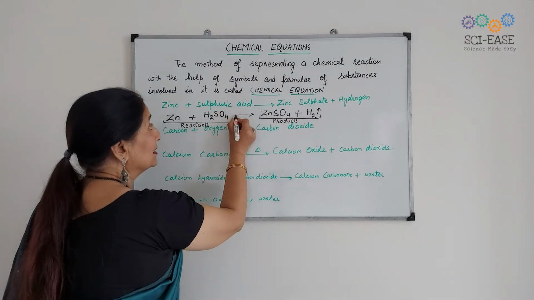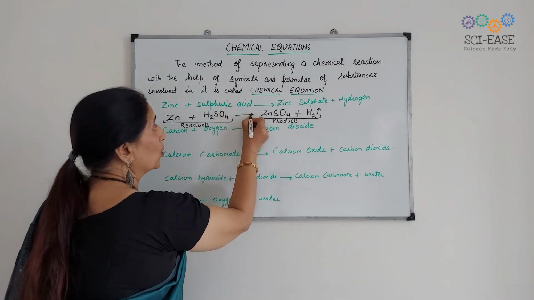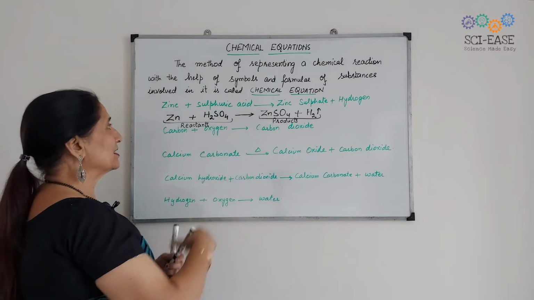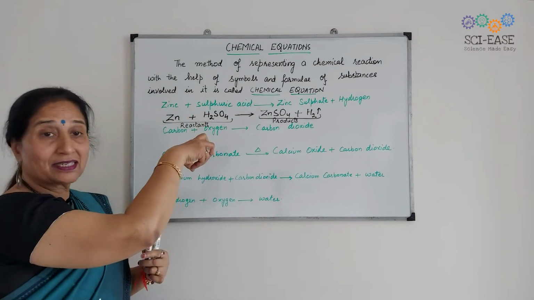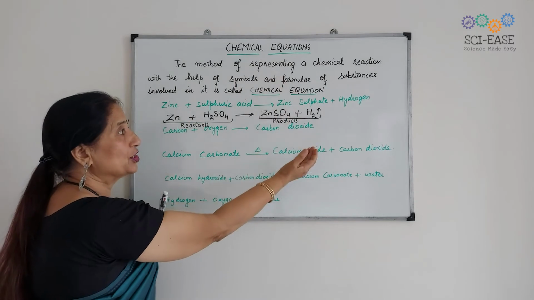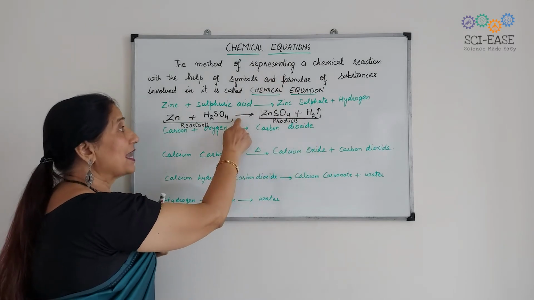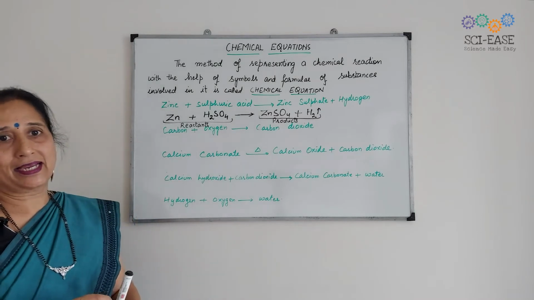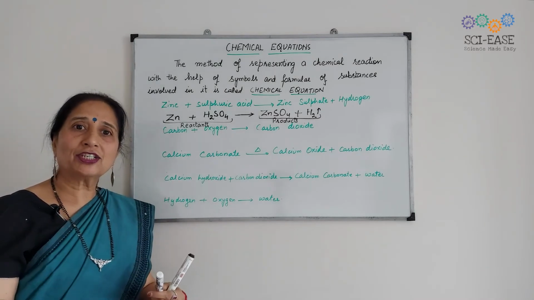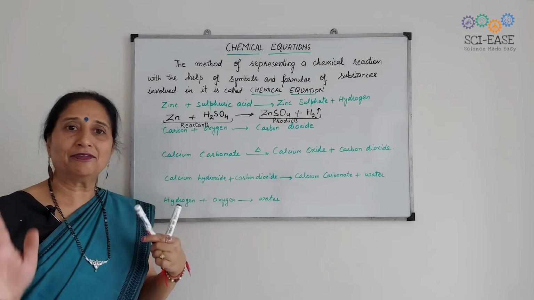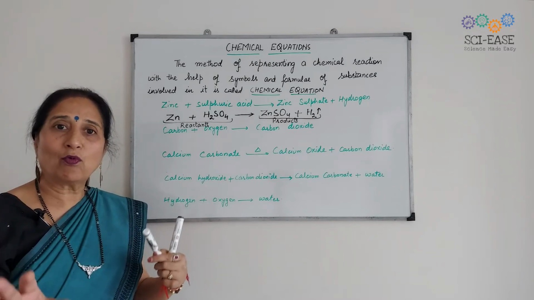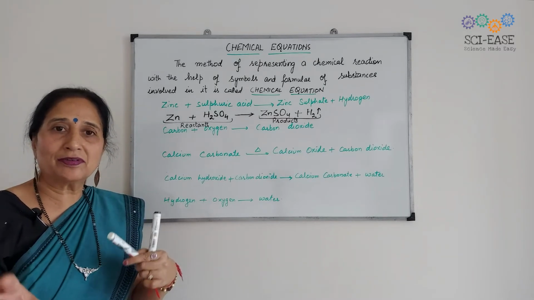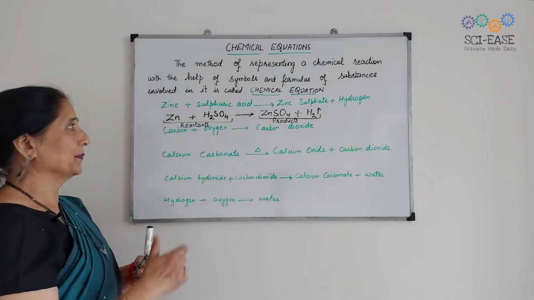One thing, this is the arrow. When these reactants react, they result in the formation of the product, and this arrow should be pointed towards the product side. Some reactions are reversible reactions, that we will do later on, and what the sign for the reversible reaction is, that also I will tell you.